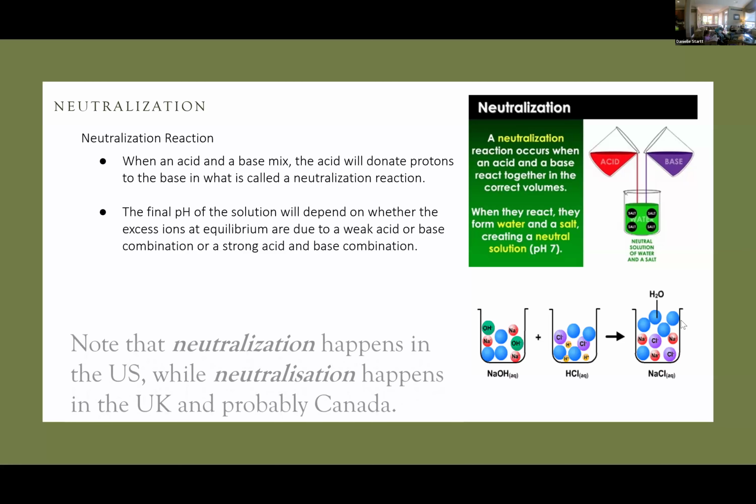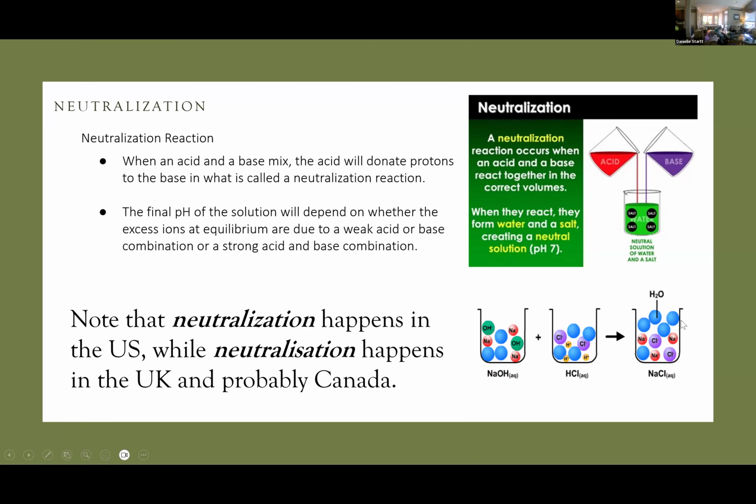Right on. So this is just a funny note. Neutralization happens in the US, while neutralisation happens in the UK and probably Canada. What am I showing you there? Different spelling. We spell it with a Z, don't we? And they spell it with an S. So if you see it with an S, it's probably coming from the UK, Canada, maybe Australia.